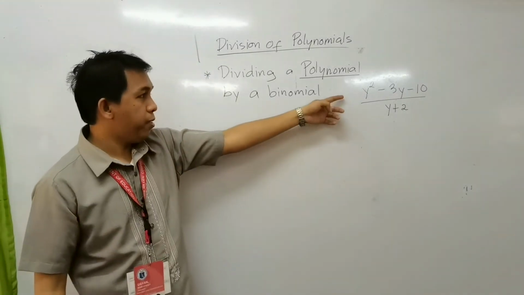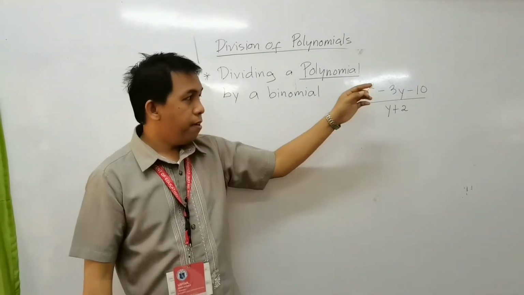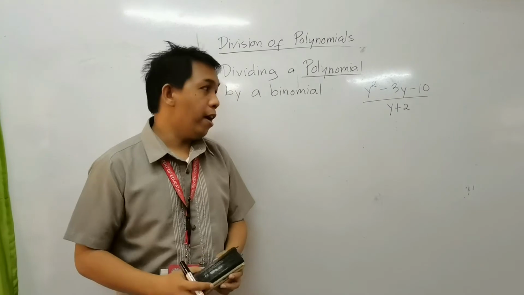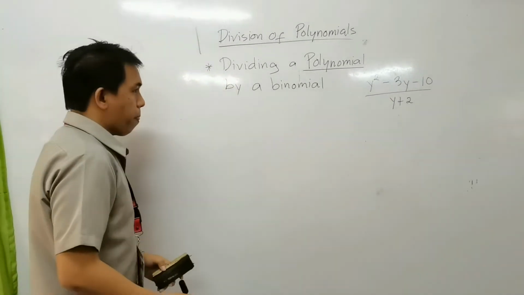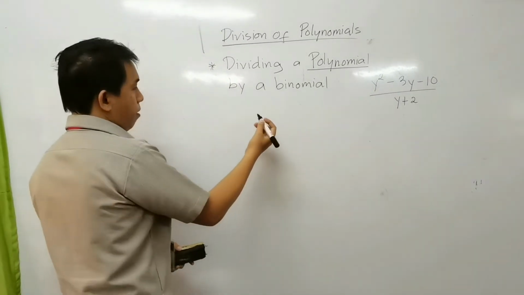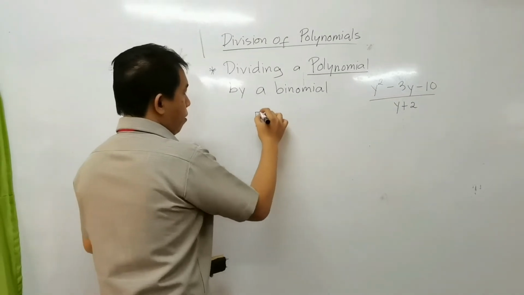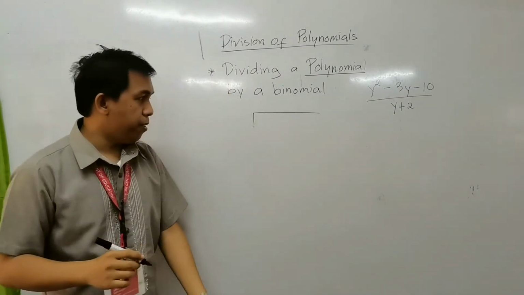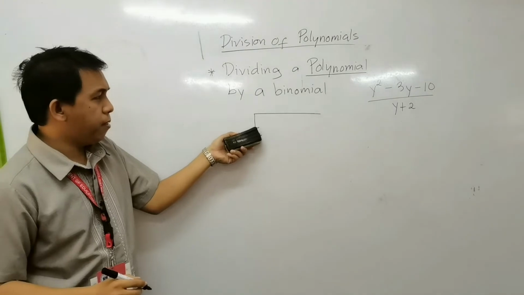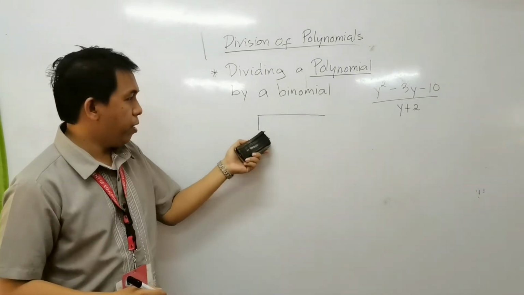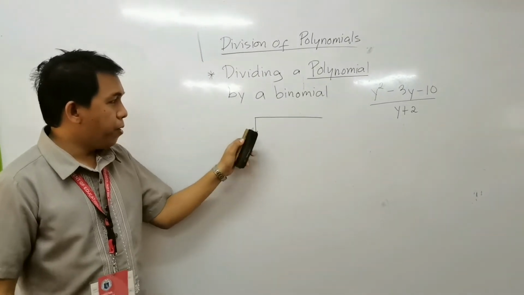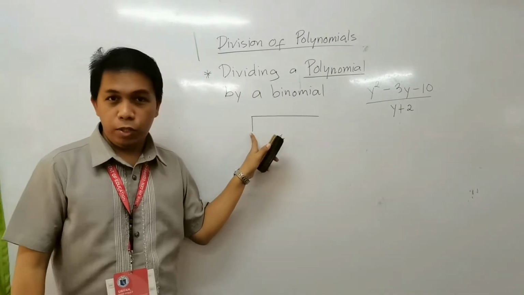We have y squared minus 3y minus 10 divided by y plus 2. Okay? First, you have to write this kind of symbol or pattern. This is the symbol for long division.